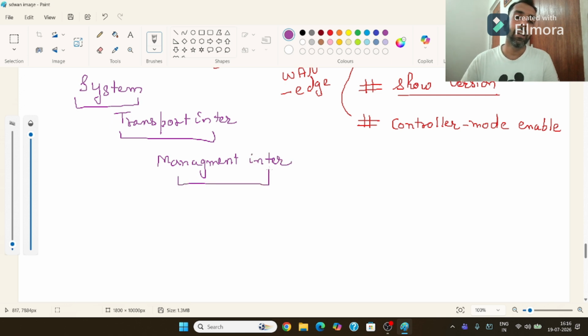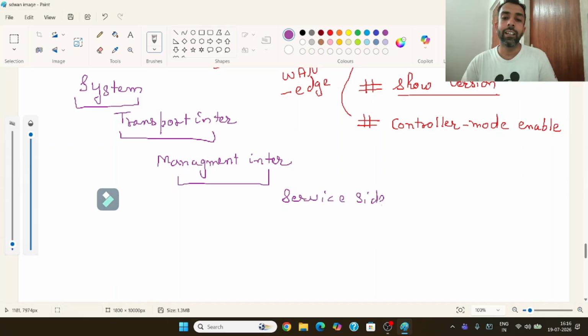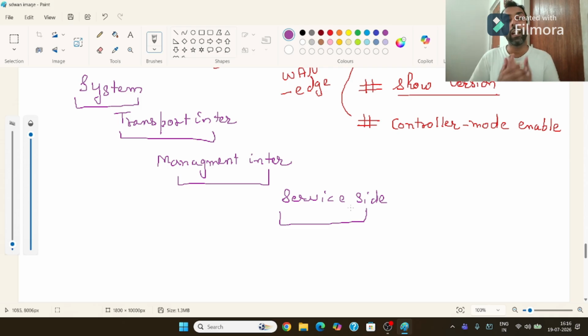And if you have a LAN connection, in that case, you can configure your service side interface. Now, what is service side interface? In the next video, I'll be talking about this. But these are the initial configurations which you are going to do on your routers.